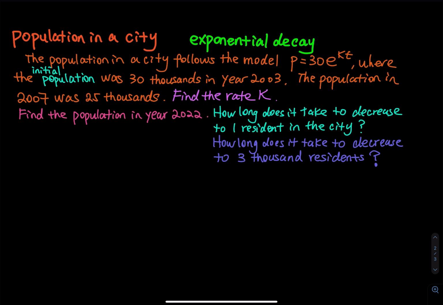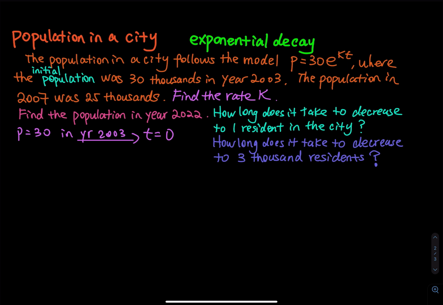So here is what I write a lot. P equals 30,000 in year 2003. So 2003 stands for the initial year, so that means t equals 0. When you deal with an exponential model, you don't plug in 2003 for t.